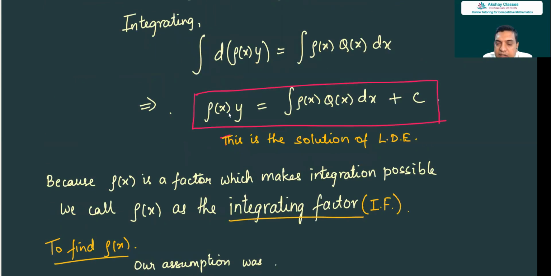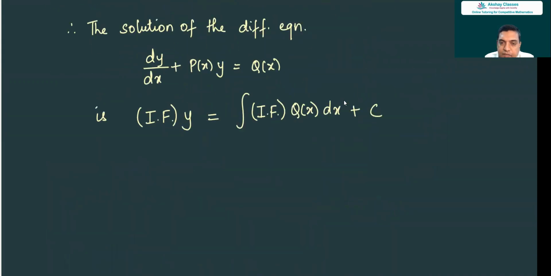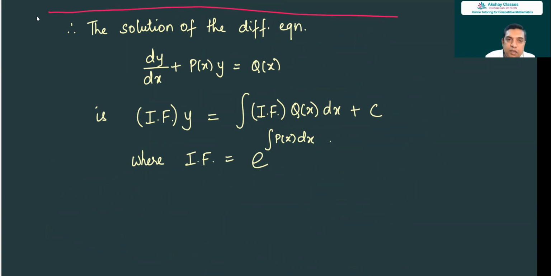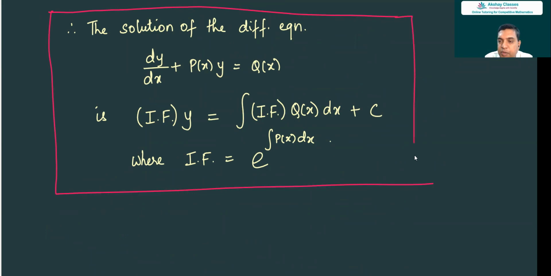Here, integrating factor times the dependent variable equal to integral of integrating factor times the function on the right hand side plus c, where the integrating factor is e power integral p of x dx. This is the solution. This is to be remembered.